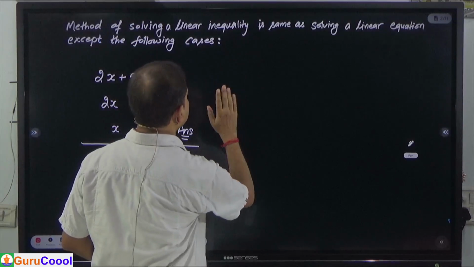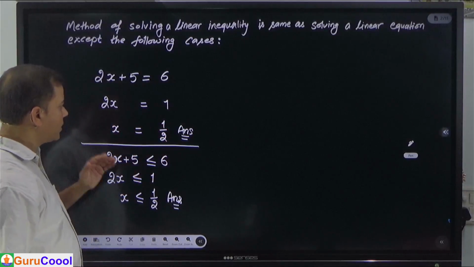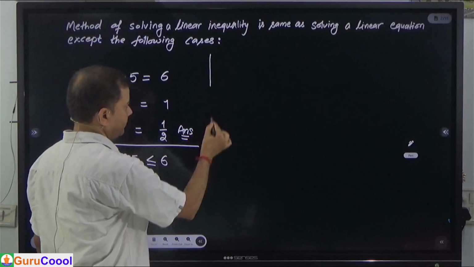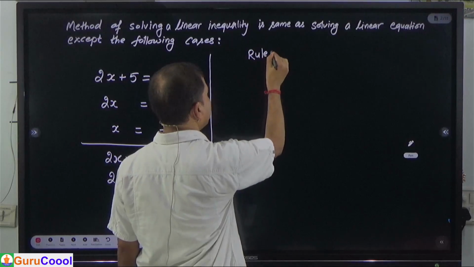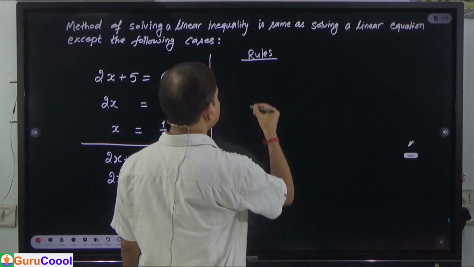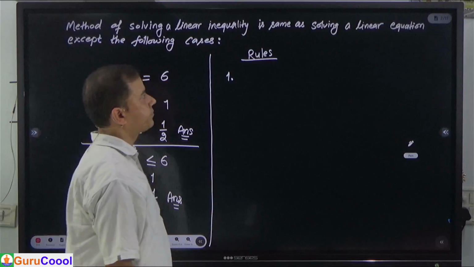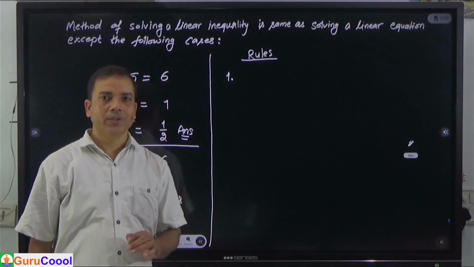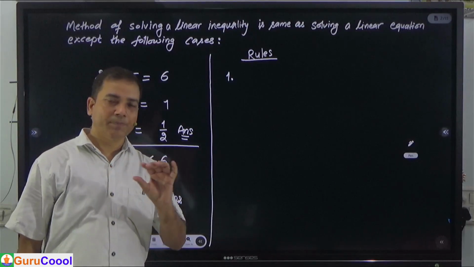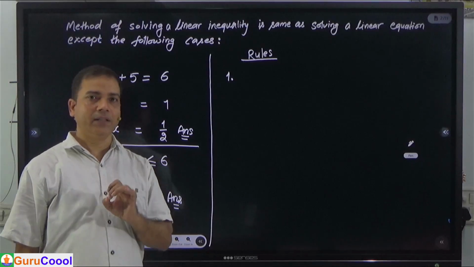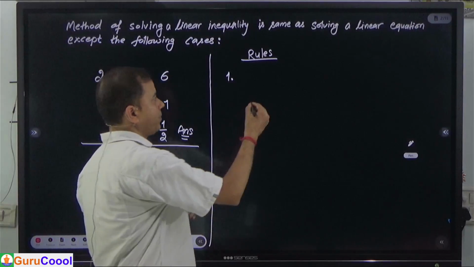Now let us see some exceptional cases which are not the same in equation and inequality. We will call them rules that are important to remember. First rule says if you divide both sides or multiply both sides of an inequality with any negative number, what happens then?